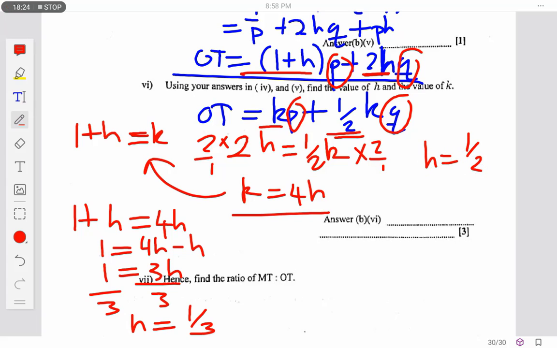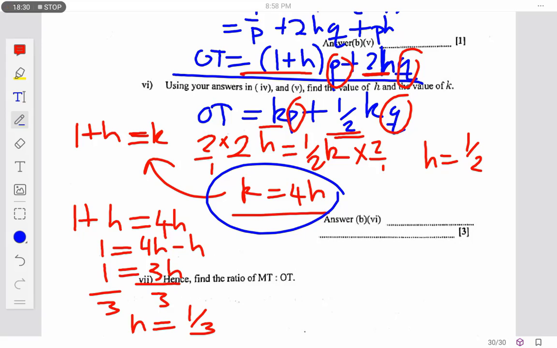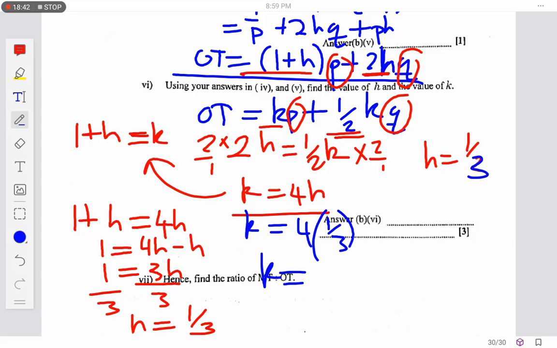With our H being 1 over 3, we can now find the value of K. So we can say K is equal to 4 times H, which is 1 over 3. So we get our K as 4 over 3. So our K is equal to 4 over 3.